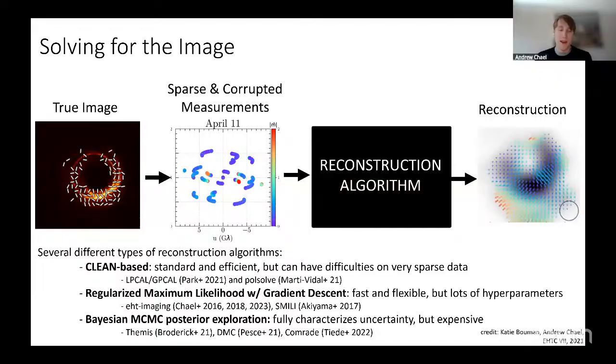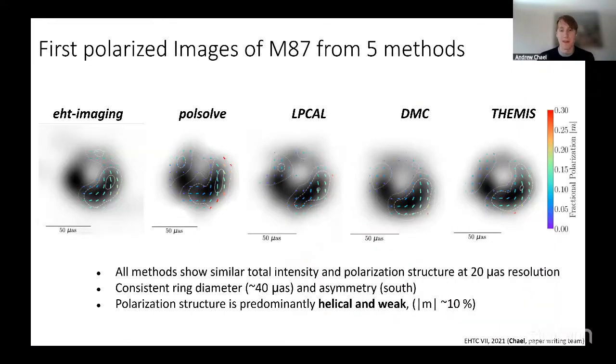All these different classes of algorithms make different choices under the hood. And so the fact that we were able to test them all against each other and arrive at similar results is where we have the highest degree of confidence in the results that we obtain, which is exactly what we found in the first polarized images here.